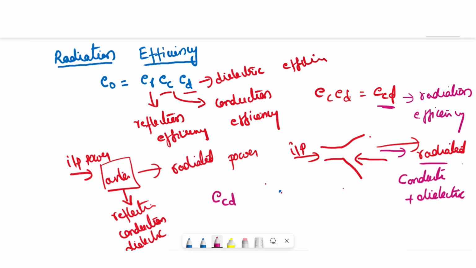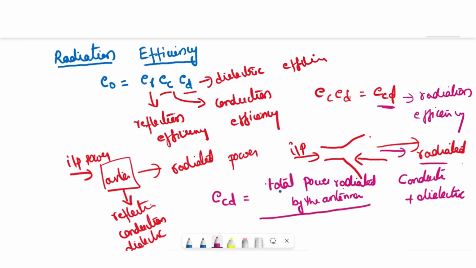ECD is equal to total power radiated by the antenna divided by total input power. How much power you are giving, and how much of it gets radiated after all the losses. That is nothing but radiation efficiency.